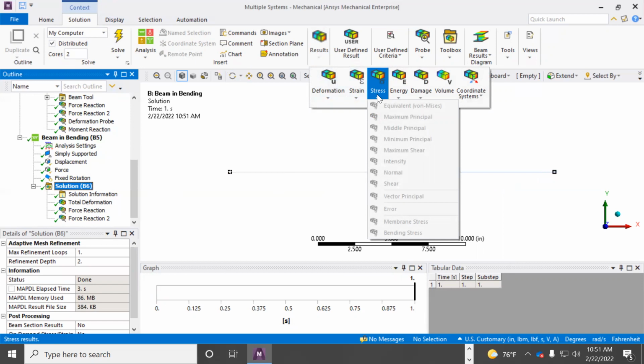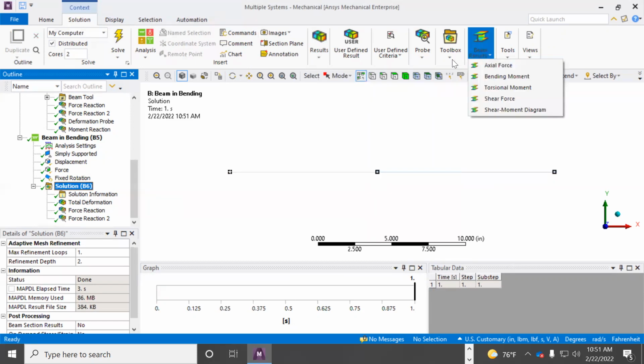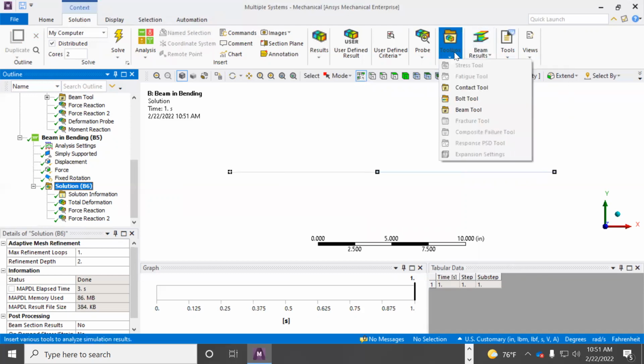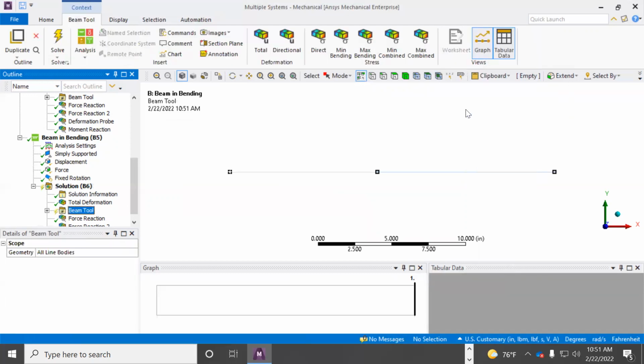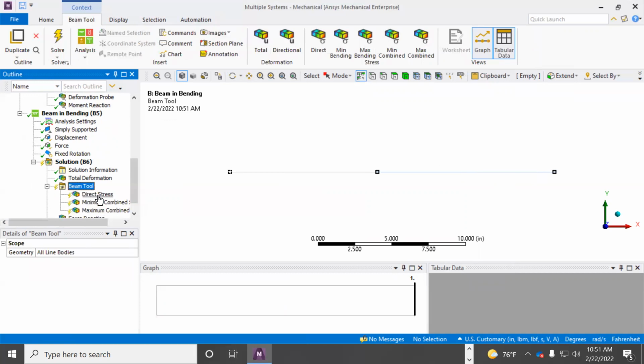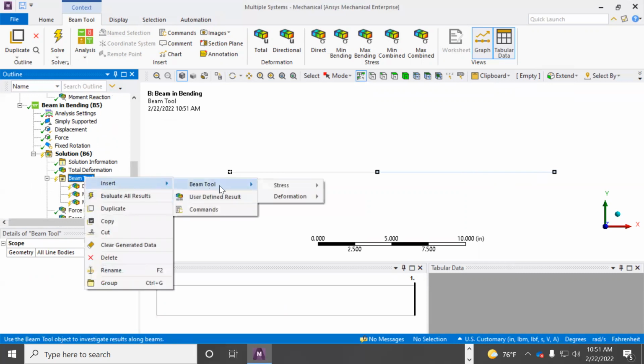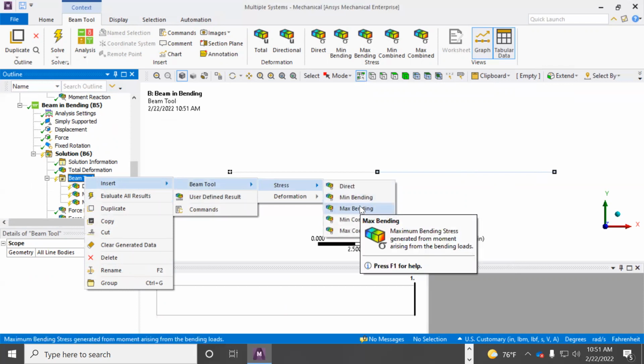If I really want to look at stresses like we did with the axially loaded problem, I will go to beam results. I will go to toolbox and select the beam tool. The beam tool would allow me to look at stresses from a normal force as well as combined stresses, or I can come here and say insert beam tool stress and choose specifically like maximum bending stress.